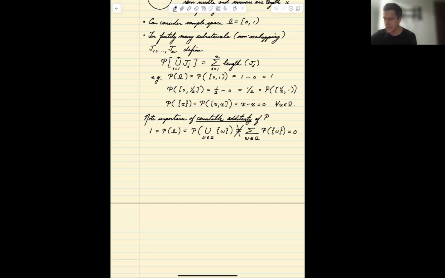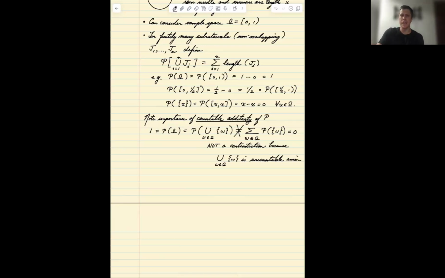But this is not a contradiction. Why is this not a contradiction? Because this is an uncountable union. So we don't have uncountable additivity in probability. And that's the biggest difference.